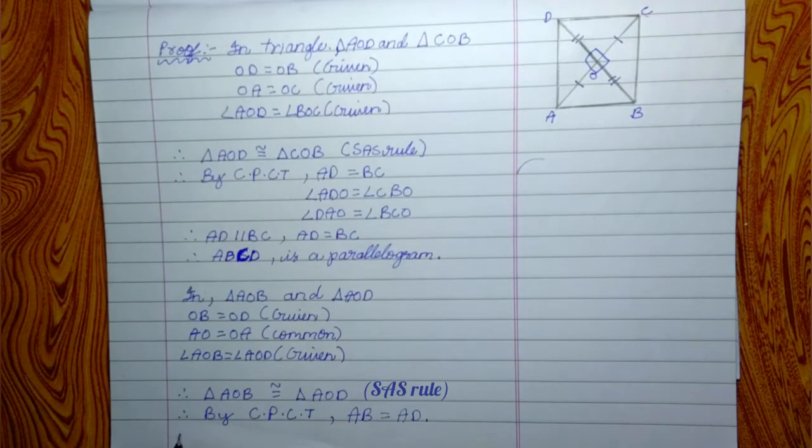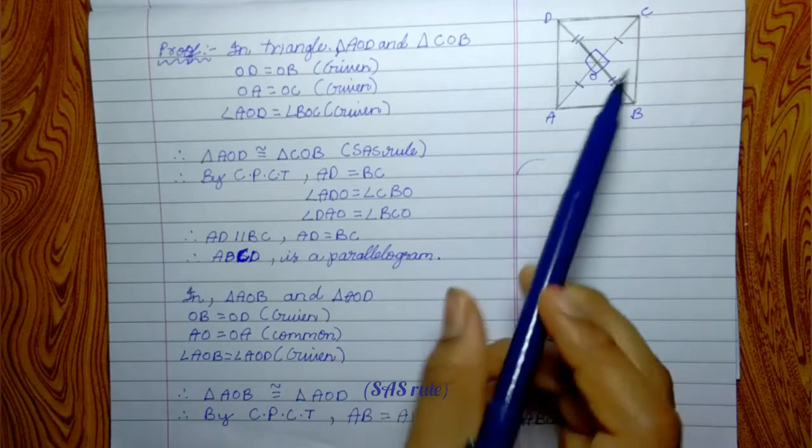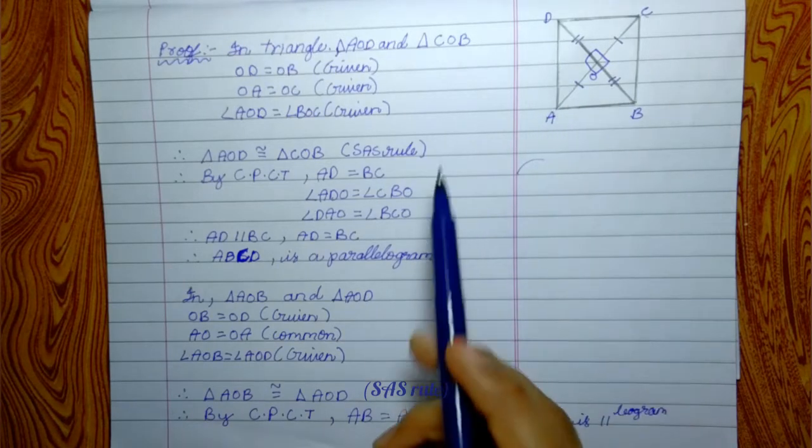We know ABCD is a parallelogram. Correct friends? ABCD is a parallelogram. We know that. And the adjacent sides are equal.